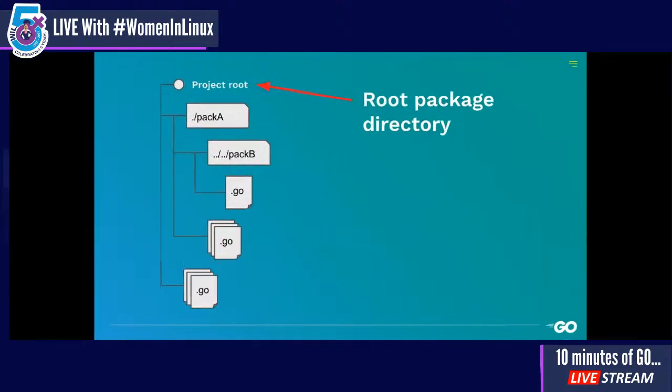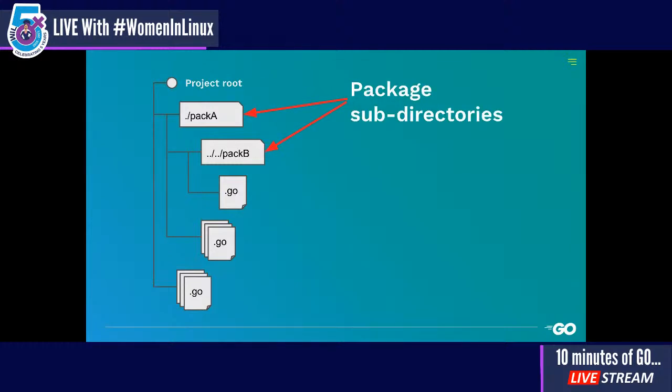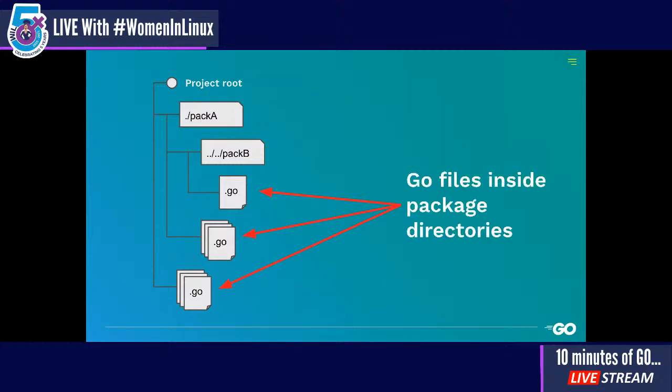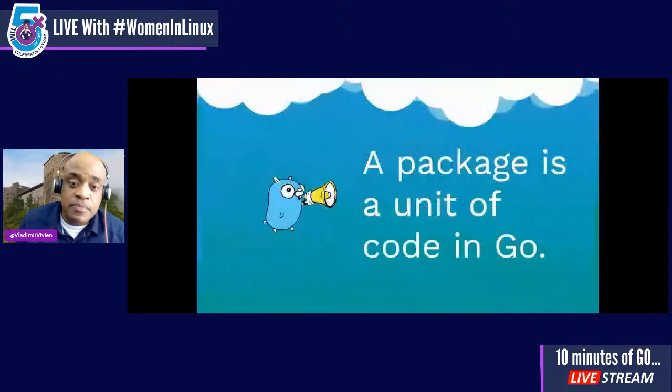It is itself also a package, and then inside that project root, you can have subpackages or subdirectories, and subdirectories can be embedded inside one another. Inside these directories is where you put your Go files. So you create a file .go, whatever that may be. We'll see an example when we get to our demo section. So what are packages?